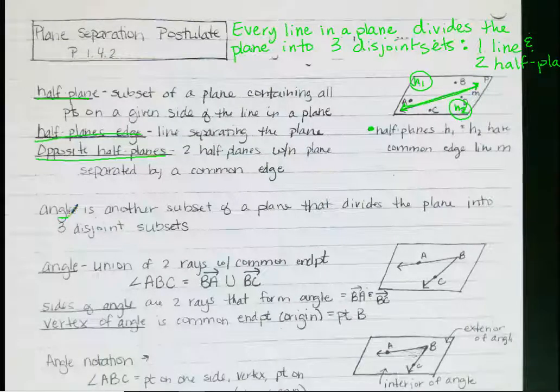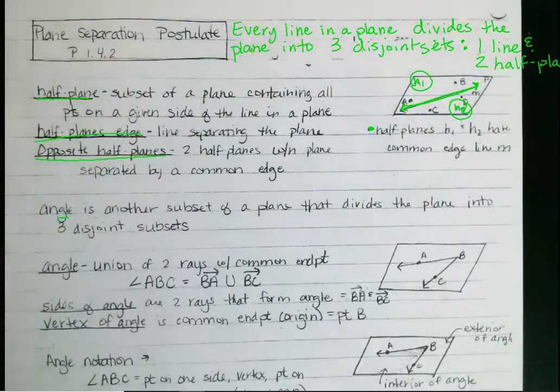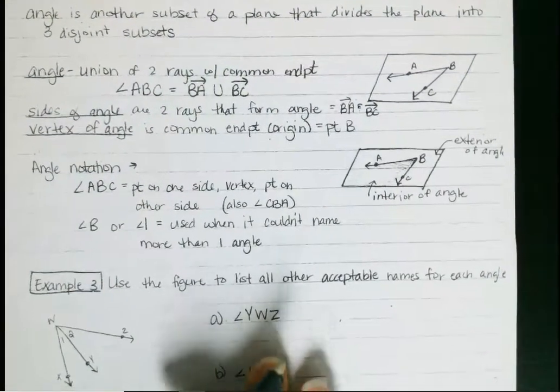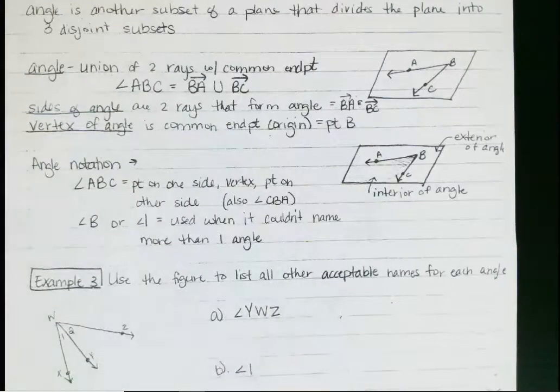Okay, so we're going to look at that next and how the angle divides the plane up. Let's move those notes up. Okay, so the angle is the union of two rays with a common endpoint. So we'd have ray BC and ray BA.